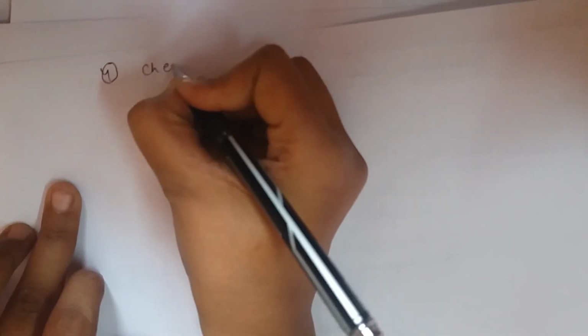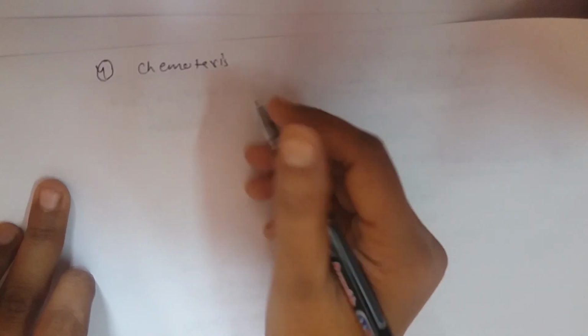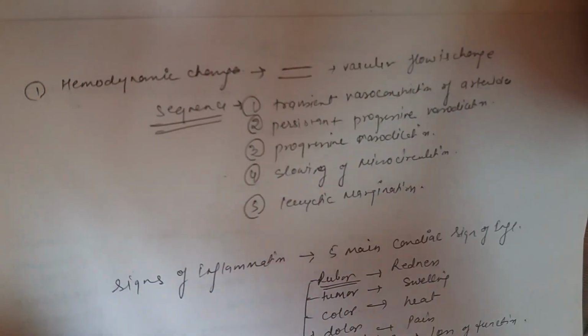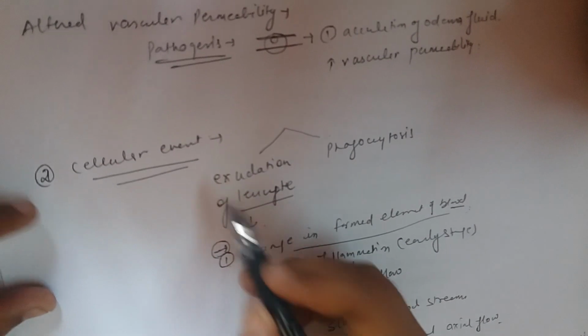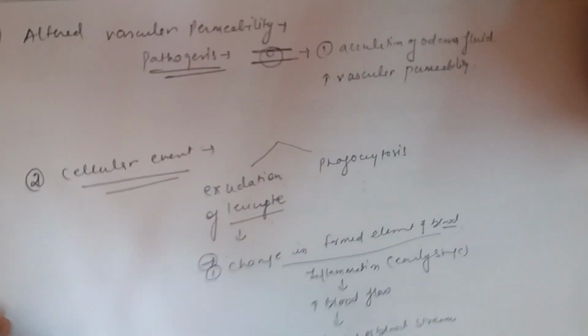And the final one is chemotaxis. Now this is the exudation of the leukocytes. Second one is phagocytosis.